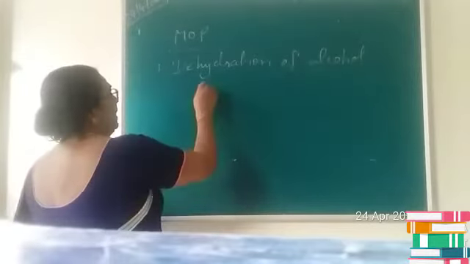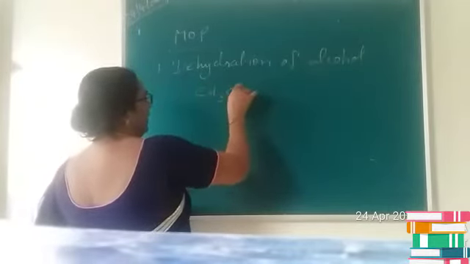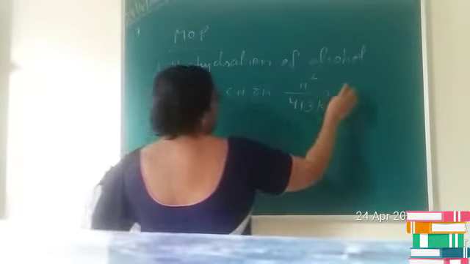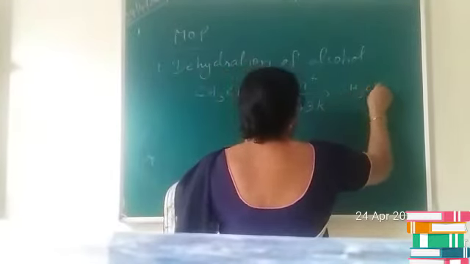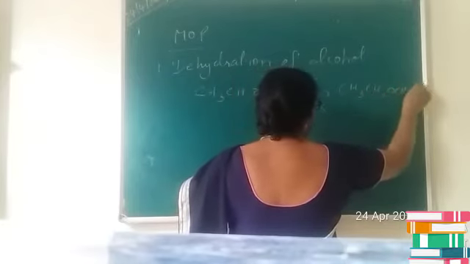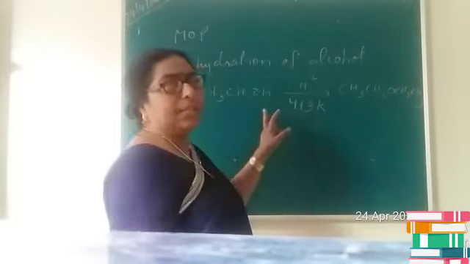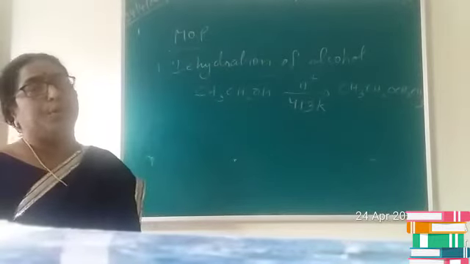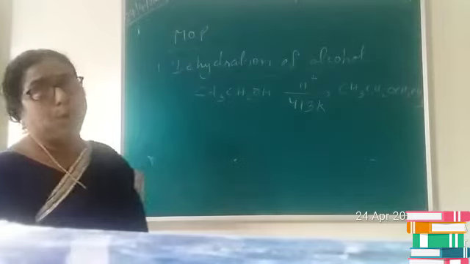In this case, if alcohols undergo dehydration at about 413 Kelvin, then it produces ether as the product. Is it clear, children?